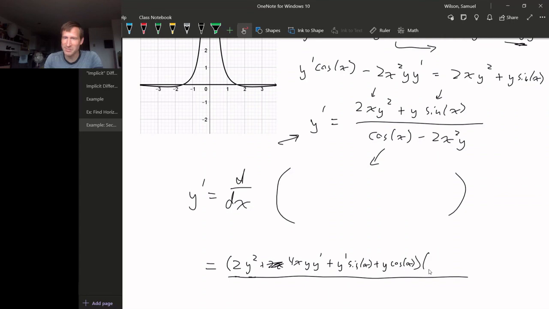So all of that times the denominator, cosine x minus 2x squared y. So that's the first piece of the numerator of the quotient rule.